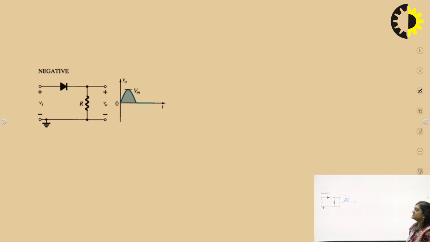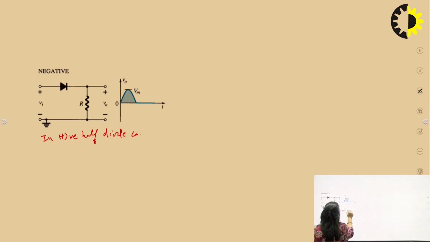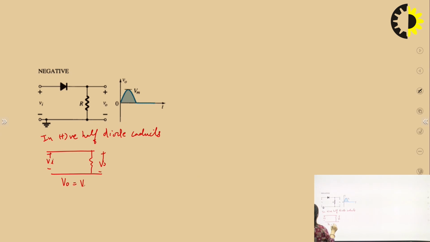So this is another circuit for the negative clipper, and this is a simple circuit. In the positive half of the input cycle, the diode will conduct. In that case, the equivalent circuit would be like this, and the output would be equal to Vi when the diode conducts.